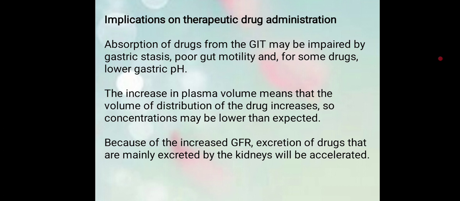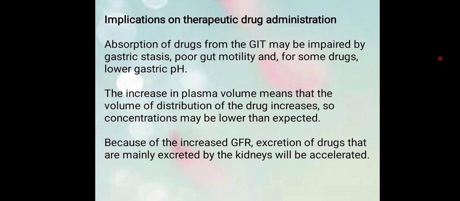Implications on therapeutic drug administration. How physiological change can affect drug administration and metabolism. First, absorption of drugs from gastrointestinal tract may be impaired by gastric stasis, poor gut motility, and, for some drugs, lower gastric pH. احنا قلنا البروجستيرون بيعمل شنو؟ بيعمل delay gastric emptying و delay للsmall and large bowel motility، صح؟ So absorption will be affected first.